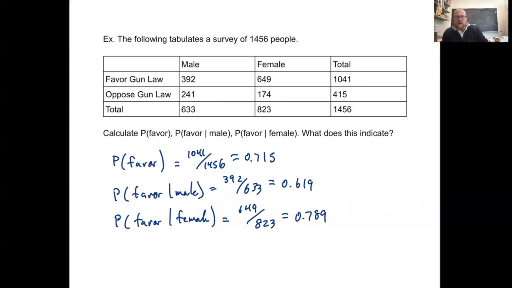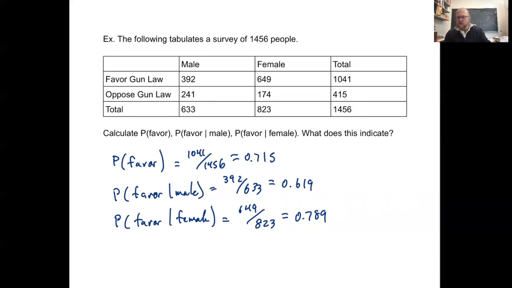The numbers that you're getting here don't agree at all. And so that says that the probability of favoring this gun law depends on whether you're male or female. Now, it's not saying that is an absolute causal thing, right?